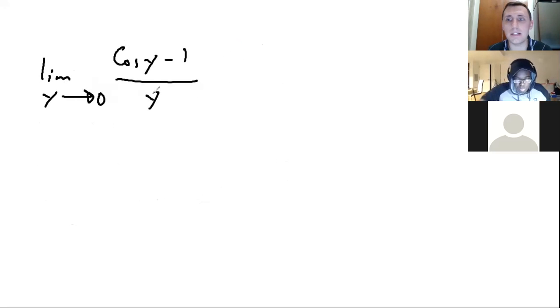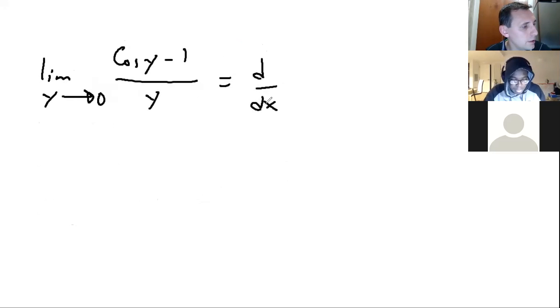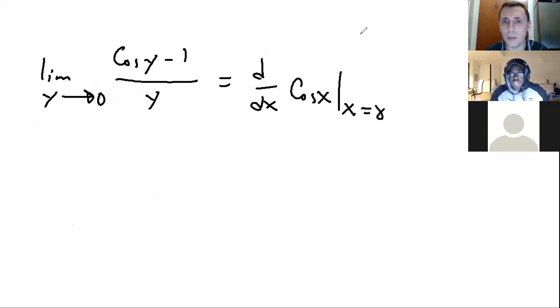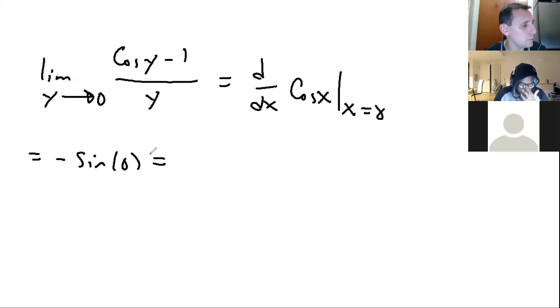The answer is 0, but why is it 0? Because this is just the derivative of cosine x, where x equals 0. Do you all see that? It's the definition of the derivative at 0. Yes? Which is minus sine 0 if I know the derivative, which is 0.